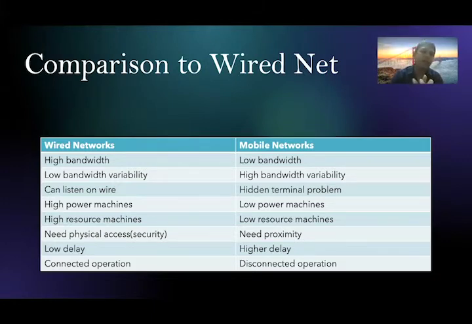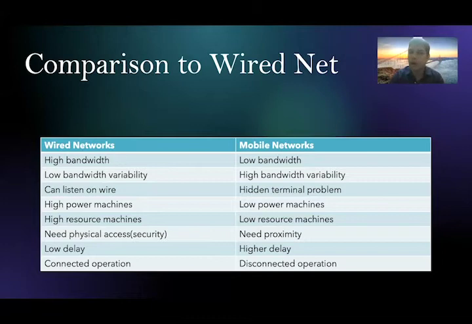You can see that in terms of wired, normally we have a high bandwidth. The third one is it can listen on wired, so it means that you must have a wire. High power machine, high resource machine, need physical access, low delay, and connected operation. This is all the characteristics of a wired network.